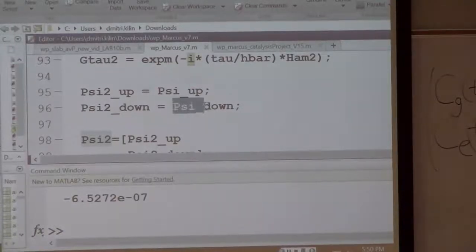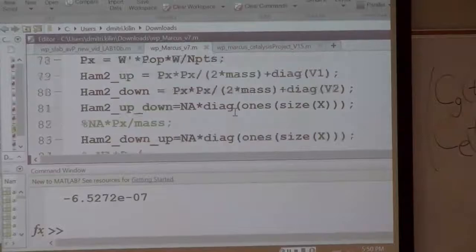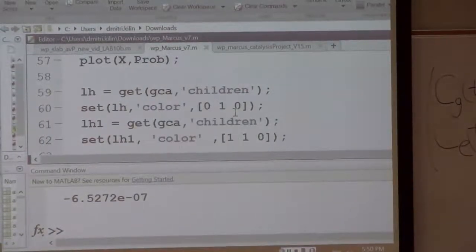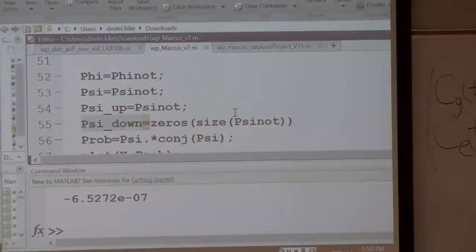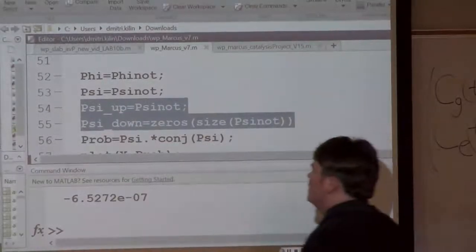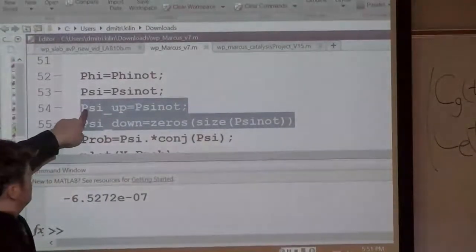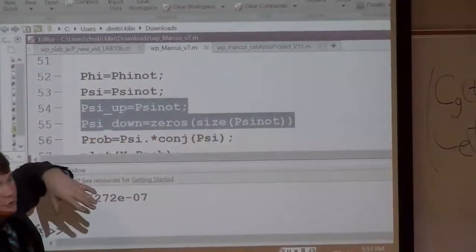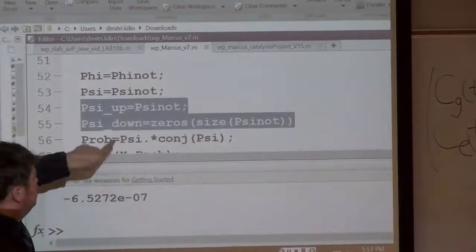So we need to scroll for psi up and psi down. So here, for one that is in, right now we are looking for a transition from excited to ground, which is maybe energetically favorable.